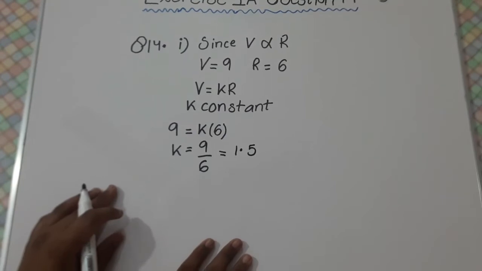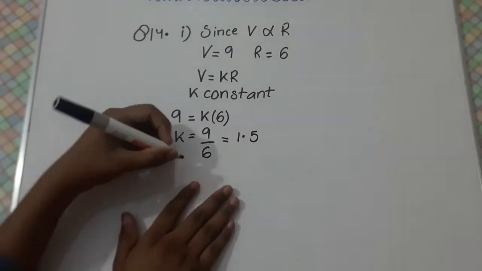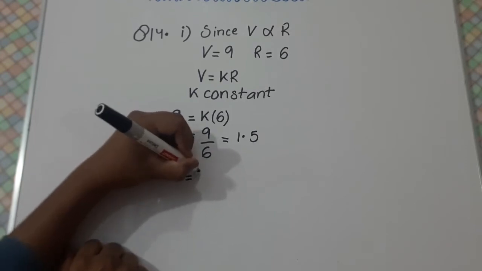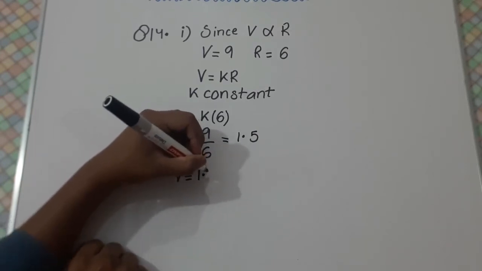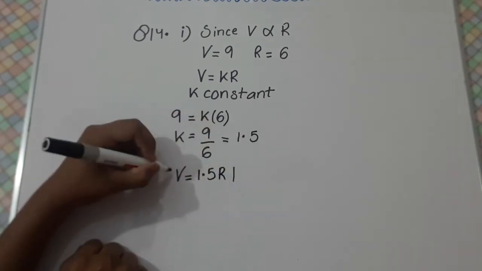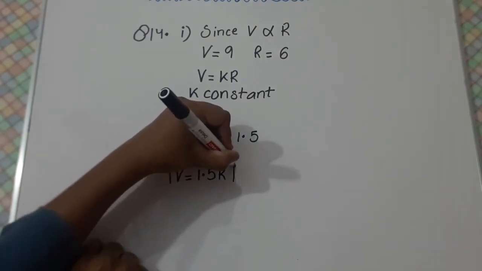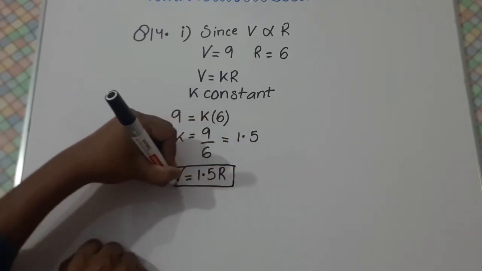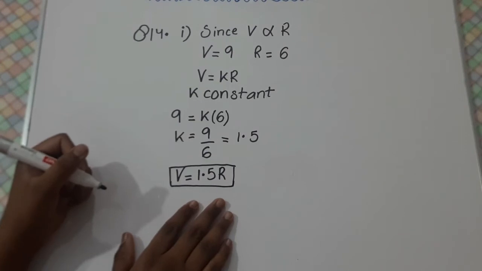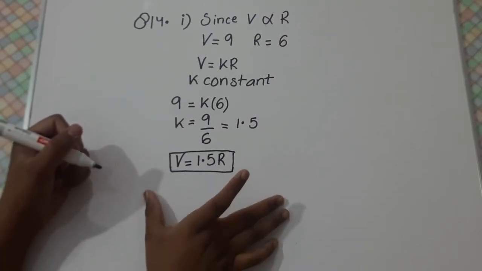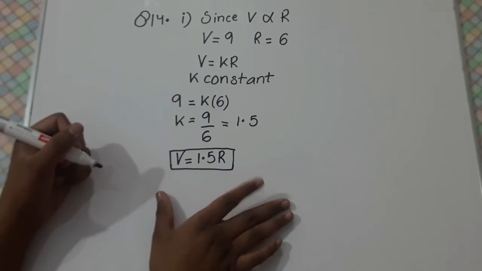This is the value for K, and our final equation would be V equals 1.5 R. This is our final equation, V equals 1.5 R, and we are going to use this equation to solve the rest of the remaining parts.